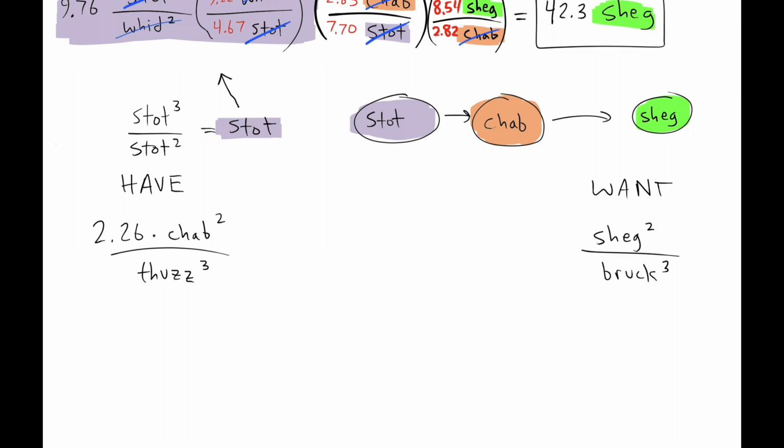Okay, so I'm going to first try to convert the denominator units of thuz cubed to bruck cubed.